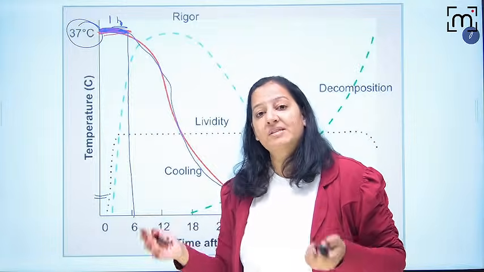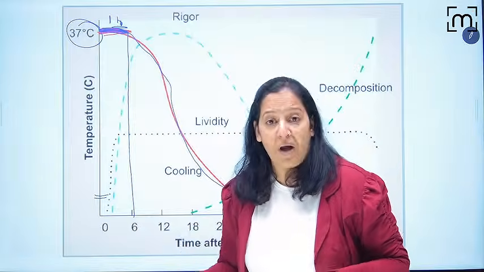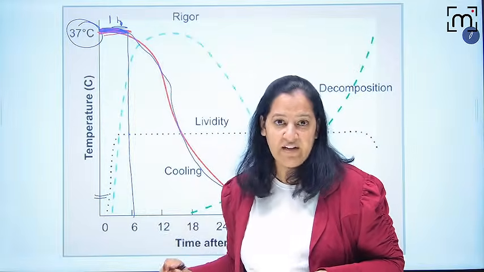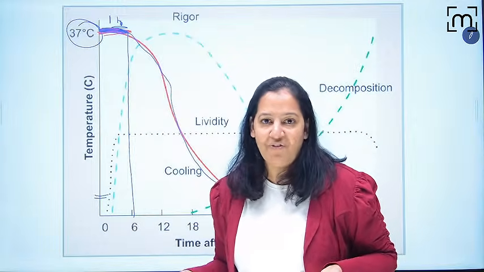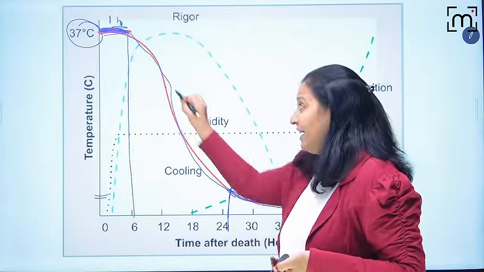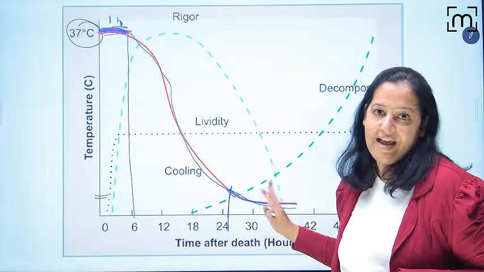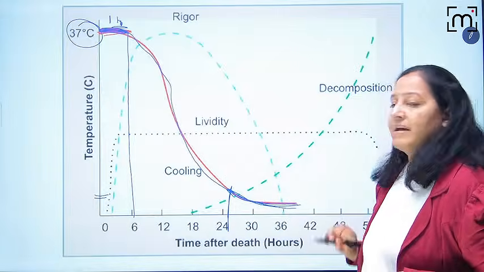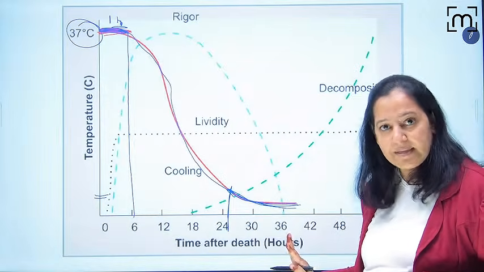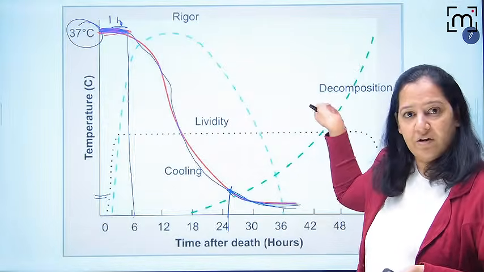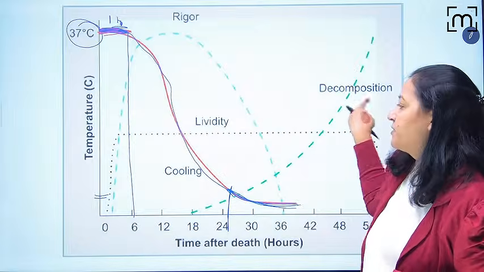So depending on region, season, and climate, the temperature of the atmosphere will differ. Death occurs in all seasons, of course. So it will continue till the temperature of the dead body becomes almost equivalent to the environment. Then again a plateau comes. So you should be able to draw this graph. The other two graphs I will tell you later when I teach you lividity and decomposition.